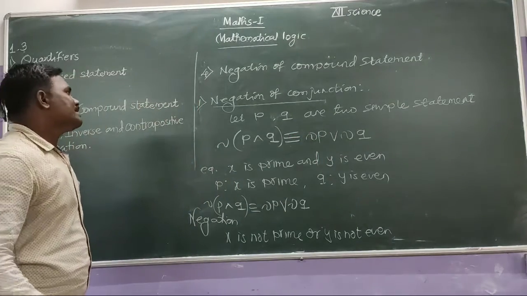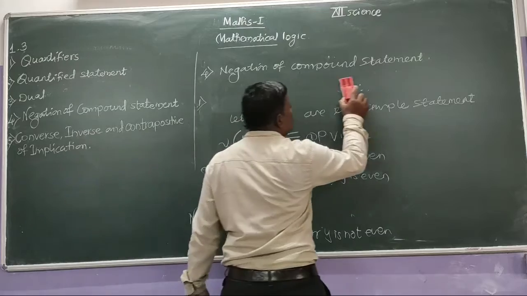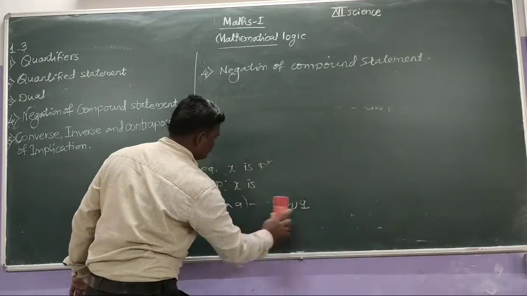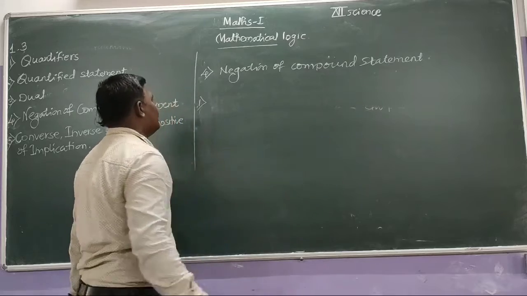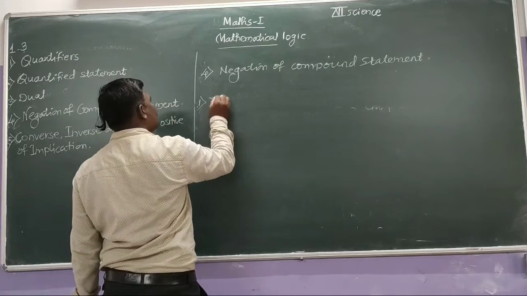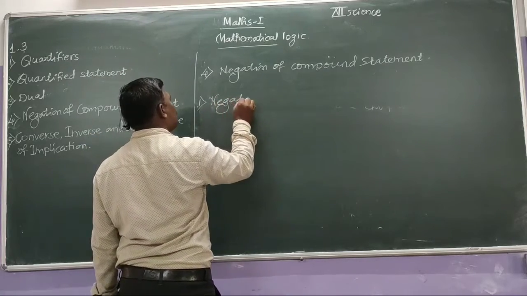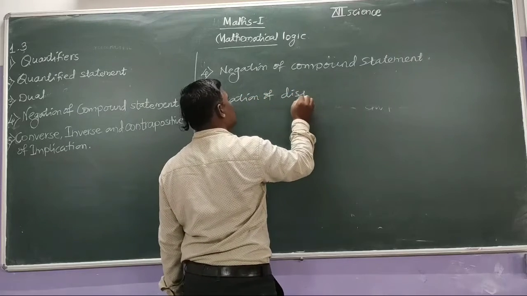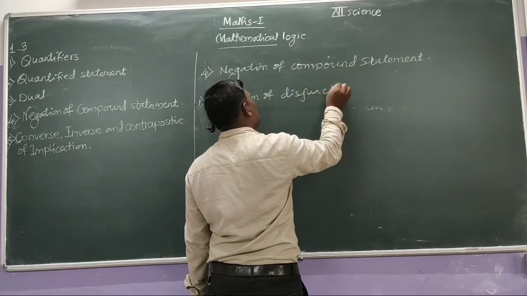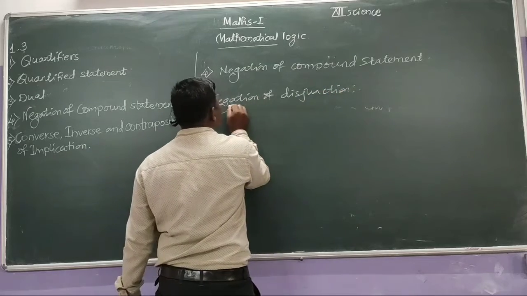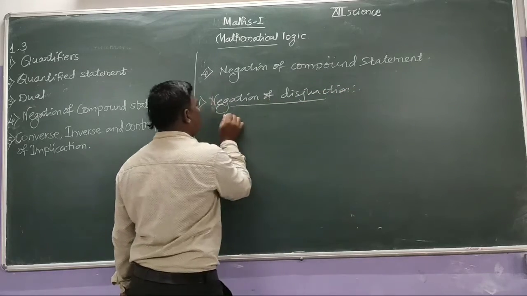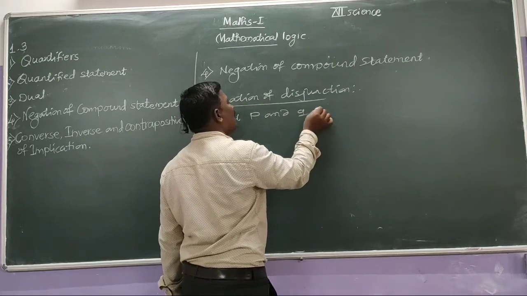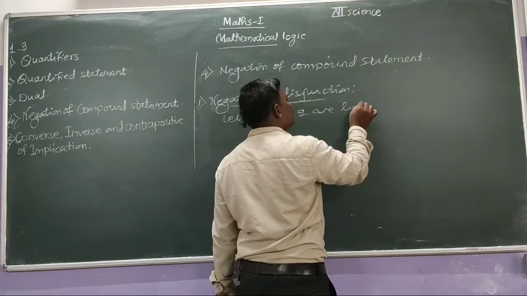Okay, second, that is the negation of disjunction. Let p and q be two simple statements.